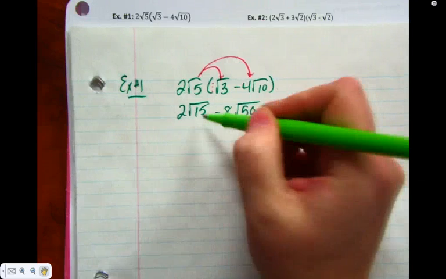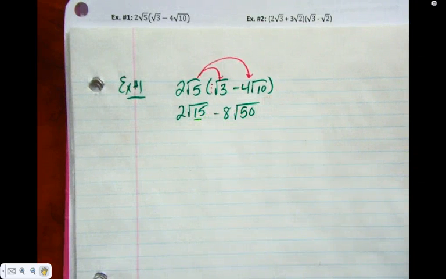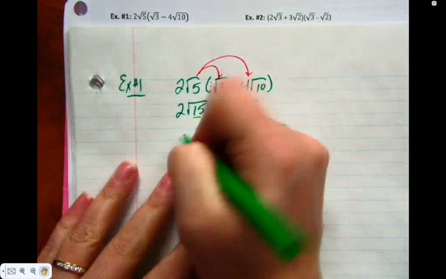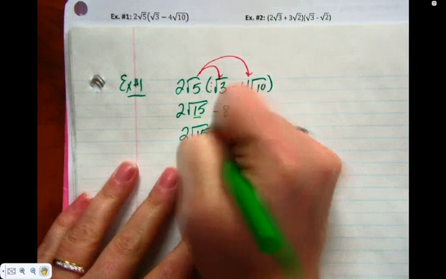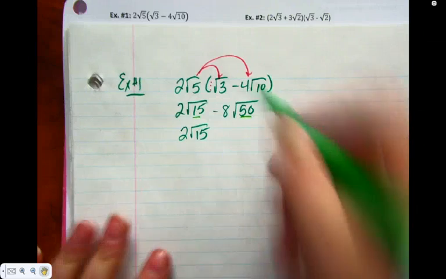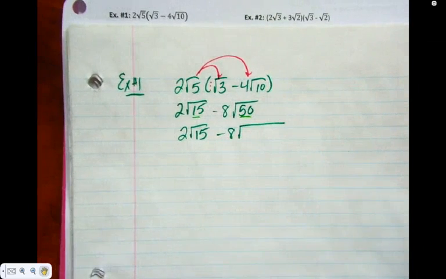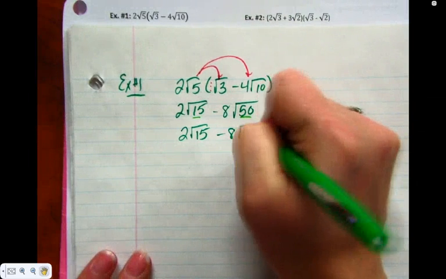Let's look at 15 first. Is there any prime factor perfect squares hiding in 15? No. What about 50? Ooh, what's hiding in 50? So I'm going to keep my 2 root 15. Can't simplify him, so he's just going to stay. I'm going to keep that coefficient of negative 8. And then I'm going to prime factor 50, which we know is 5 squared times 2.